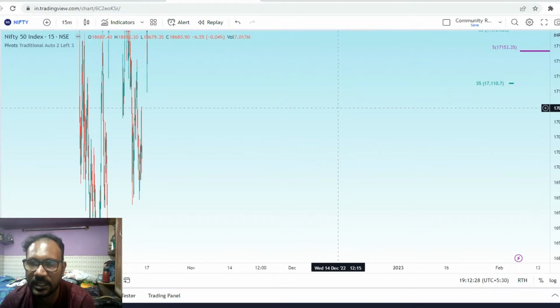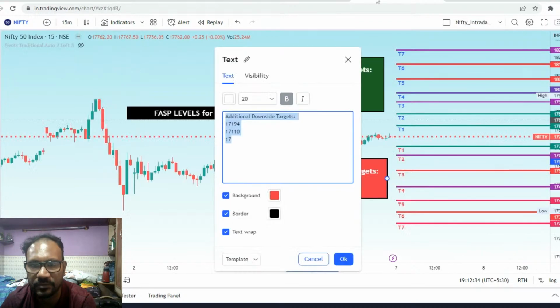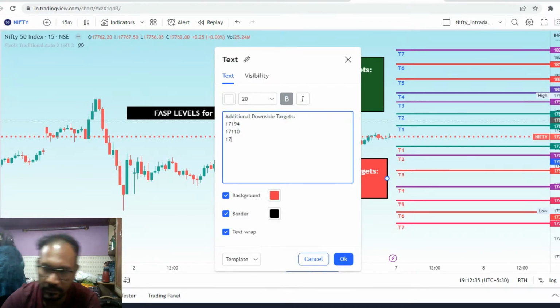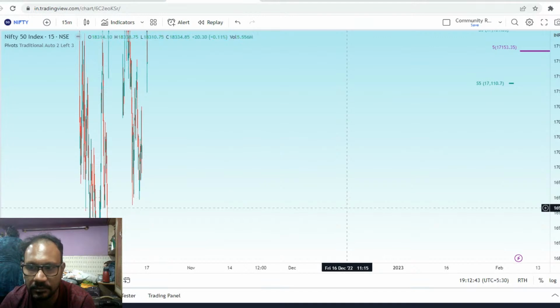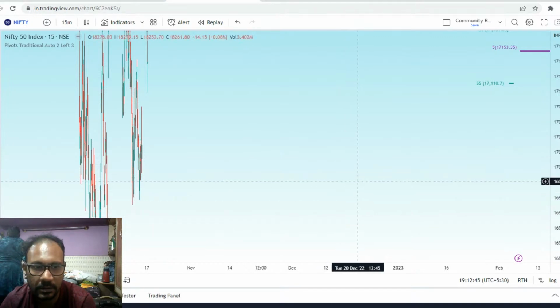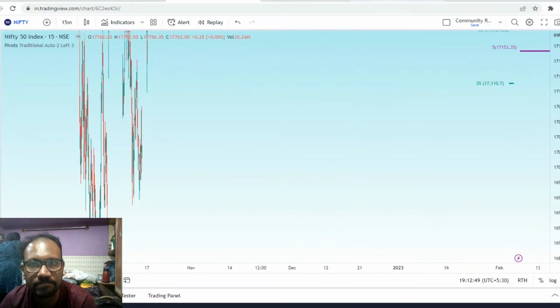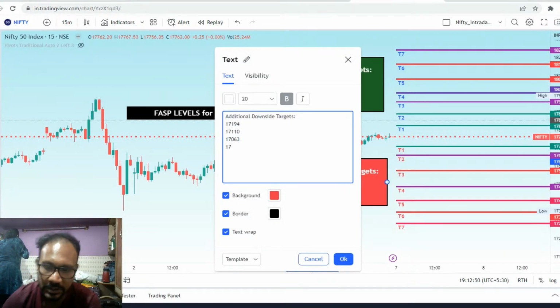Those gaps are excellent. So 17,064, 063. Then 17,000. I think this is good. 953. 16,953.